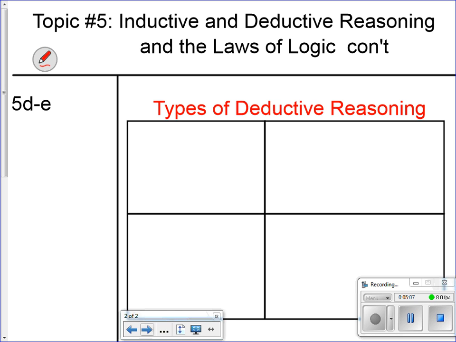And the first one, this upper left box, I'm going to put law of detachment.